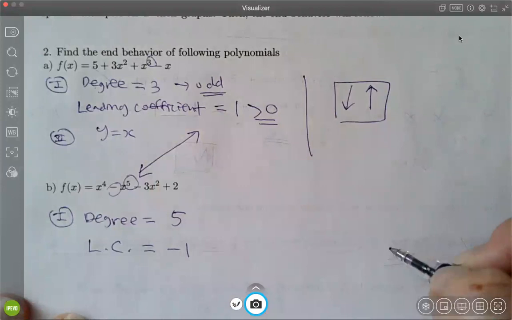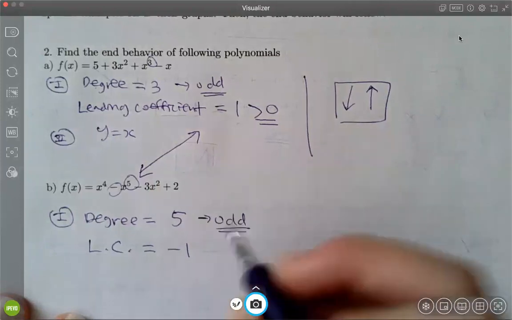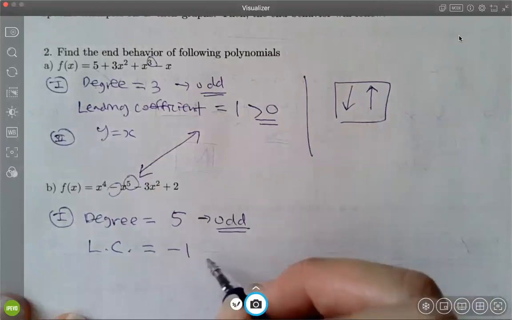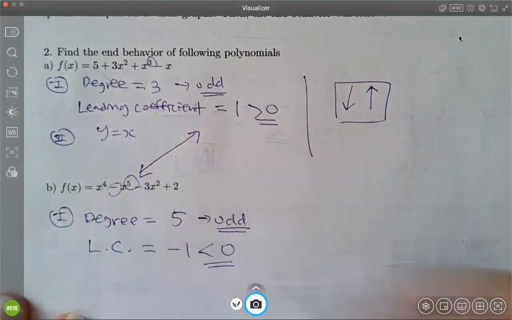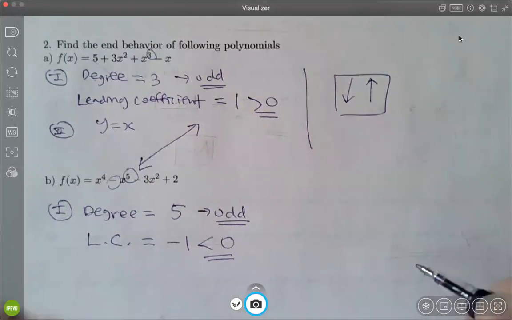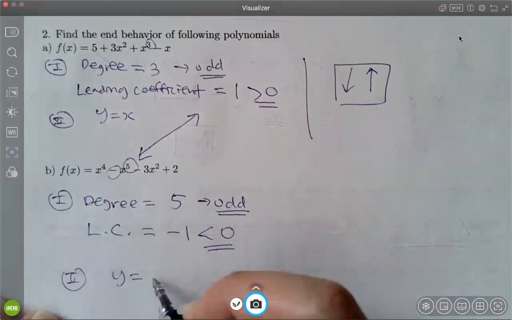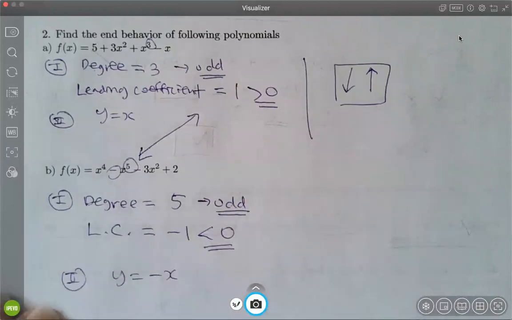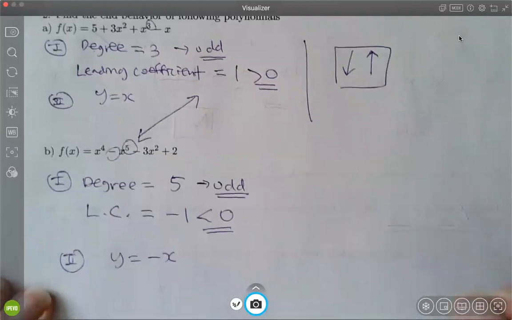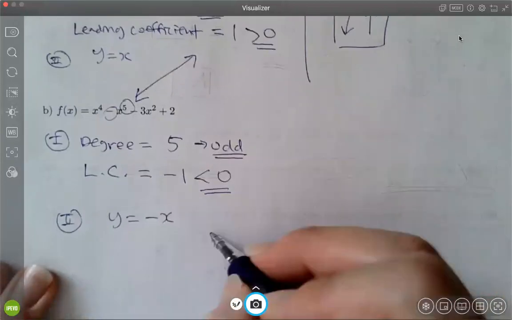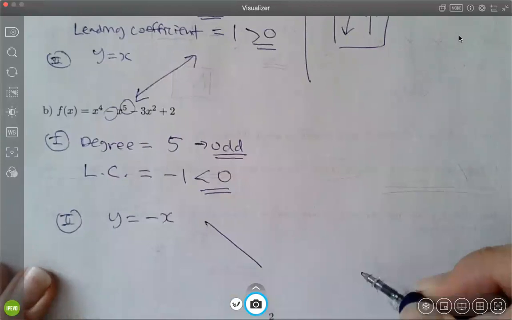So the degree is once again odd, and the leading coefficient is this time negative. So it's an odd degree and a negative leading coefficient. A sample function is -x or -x cubed, whose graph is this one, a decreasing line.